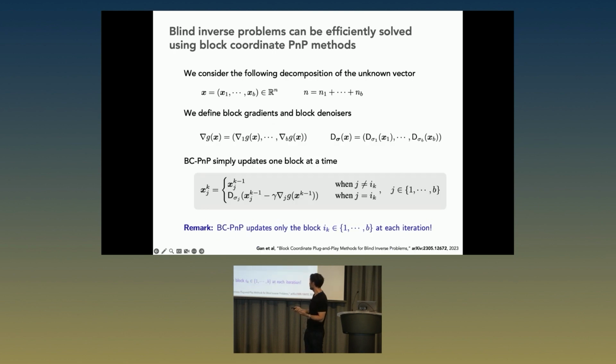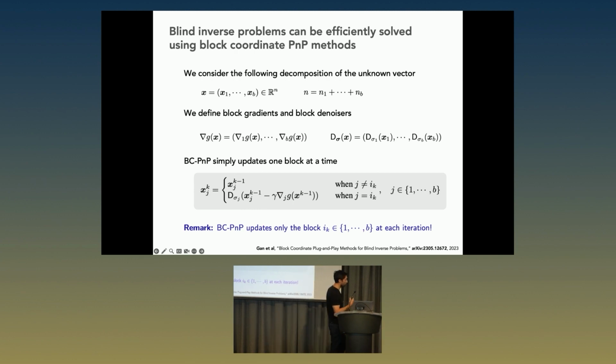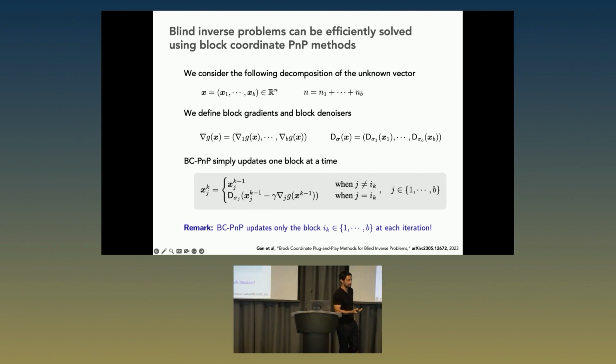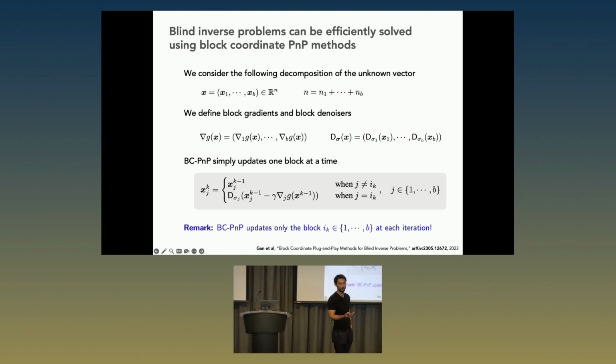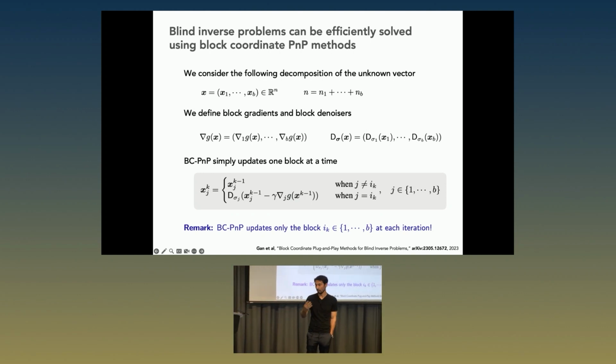And basically from there on, once we have these two things, we can run a plug-and-play algorithm very easily by updating one block at a time. So in the case of blind blurring, I could update the blur, and then I update the image. I update the blur, I update the image. In the coil sensitivities case, I alternate between coil sensitivities and images, and we just alternate this. And if you have more blocks, you can just run more blocks.